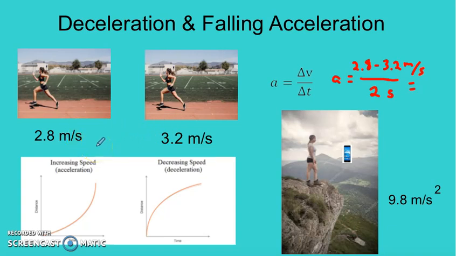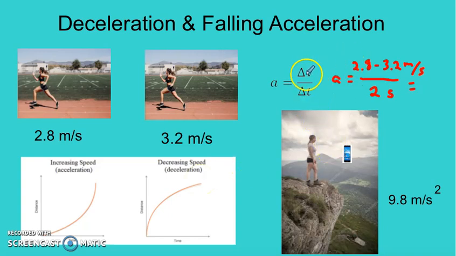And you can probably imagine what that would look like on a distance time graph. While acceleration was going up on the graph, deceleration is going down. And that's probably an exaggerated going down. This woman right here is not going to go down that far on the graph. But if you just look at the graph, you'll be able to see what is going faster, acceleration, and what is going slower in deceleration.